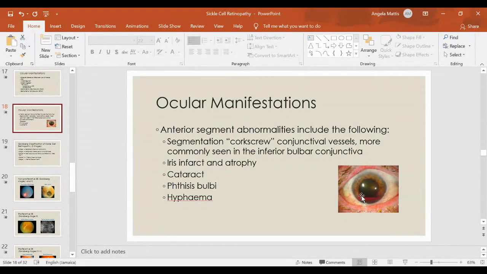If you are AS, you can get sickling of your cells in the anterior chamber, which clogs up your trabecular meshwork and leads to a glaucoma. So AS patients can have just as bad complications as our SS and SC patients when they get a hyphema.